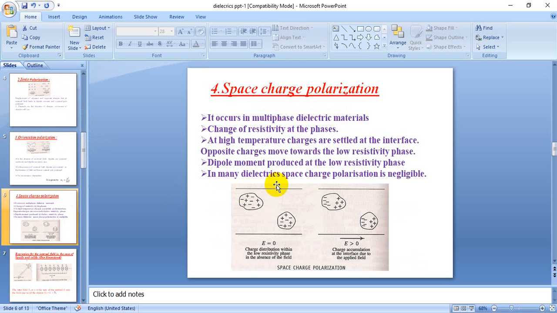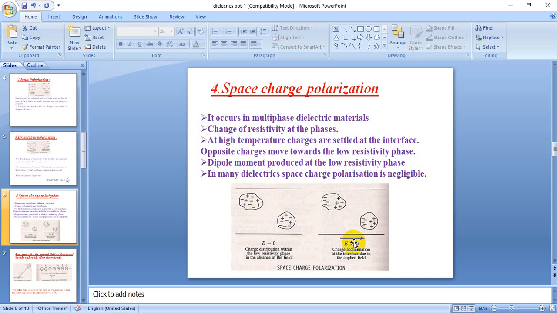Next is space charge polarization. It is entirely different from the remaining three polarizations, because it occurs only in multi-phase dielectric materials. Positive and negative charges are accumulated in one phase and in another phase, depending on the resistivity. In the absence of the electric field, all the charges are separated apart.